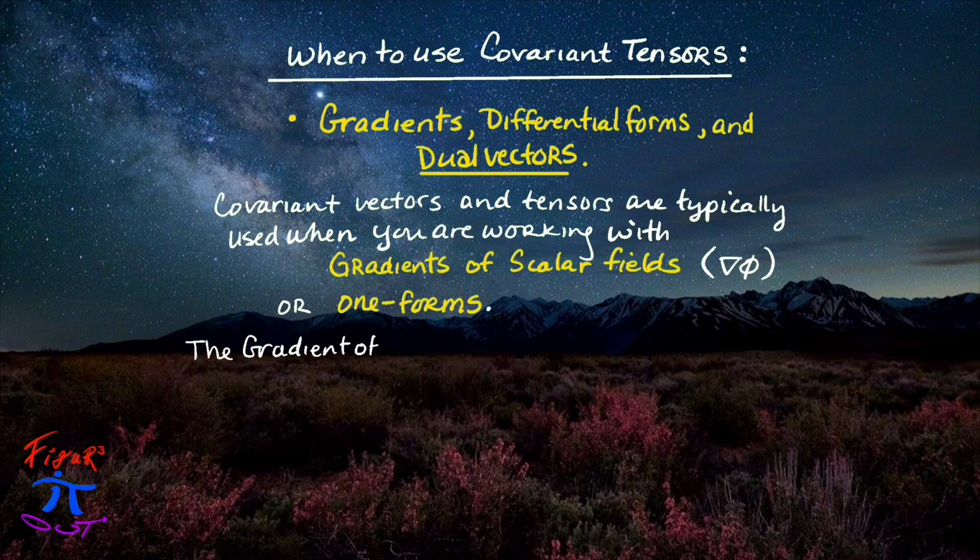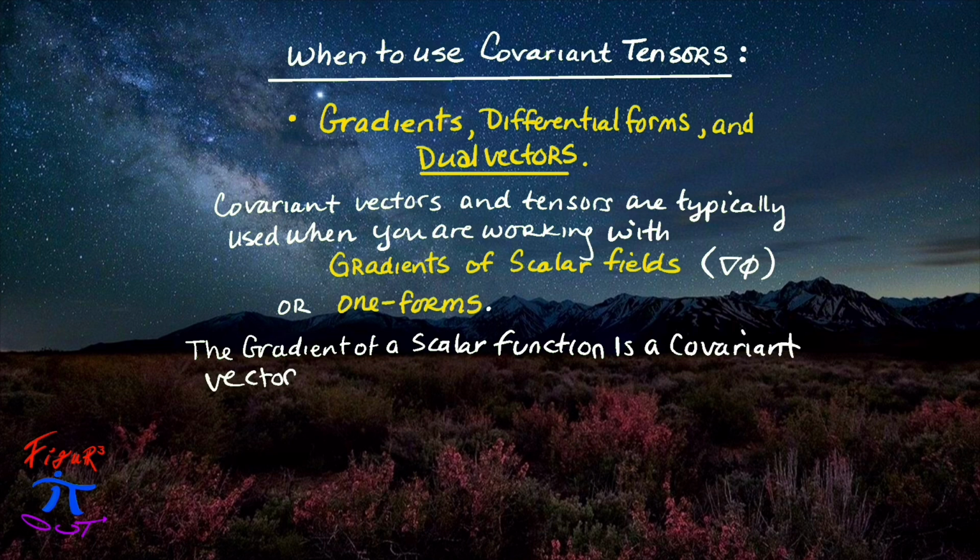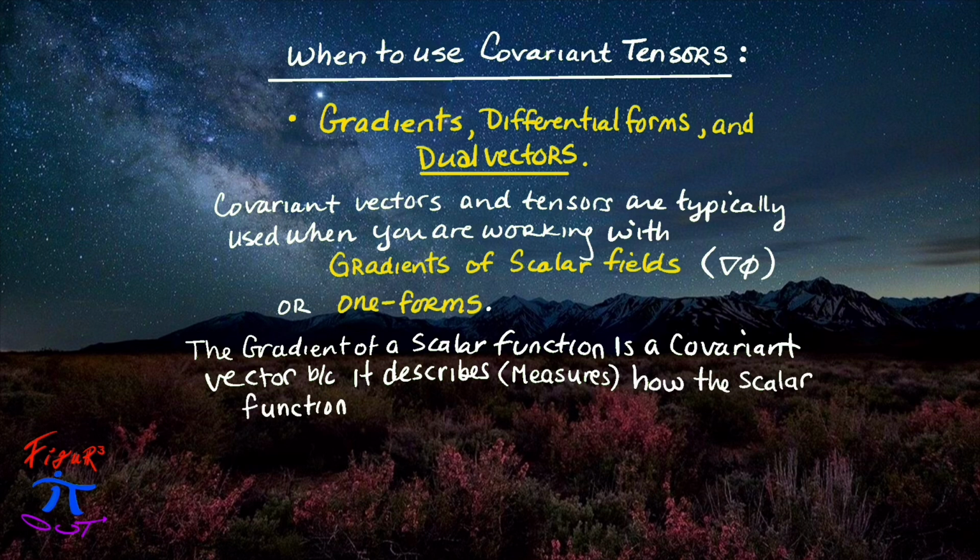And what this means is that the gradient of a scalar field function is a covariant vector because it describes or measures how the scalar function changes in the coordinate system.